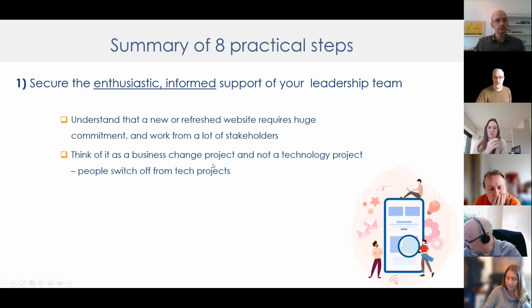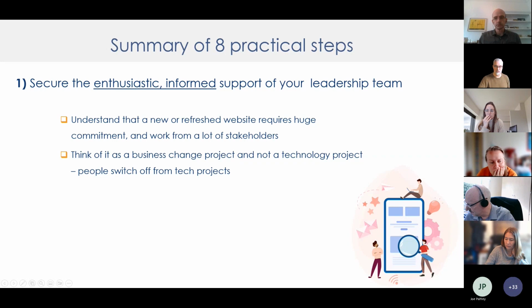But it's a business change project. Internal systems are seen as change projects nowadays. Putting in a new CRM is seen as a major transformation of working practices and future potential. Website should be seen as part of that. It's part of your systems. It should be seen as that, not something that's separate, that's run by a separate department.